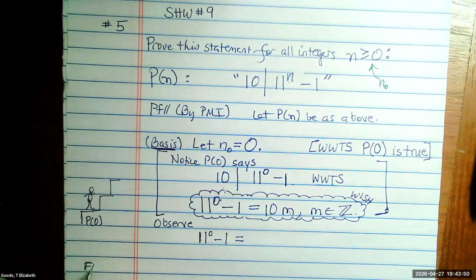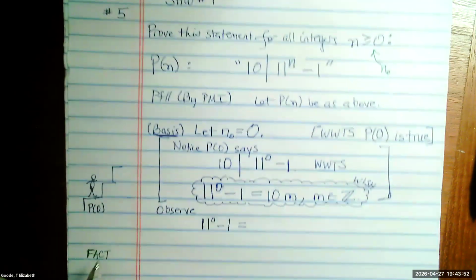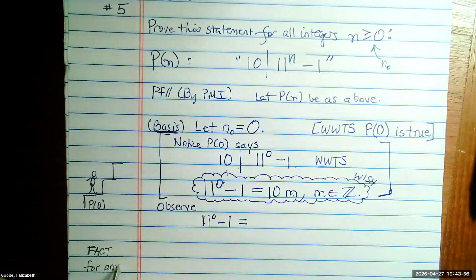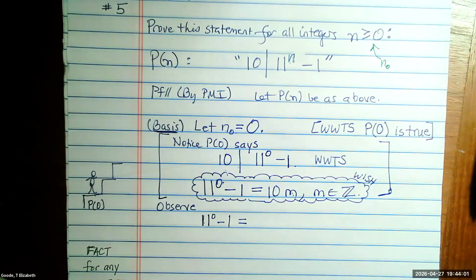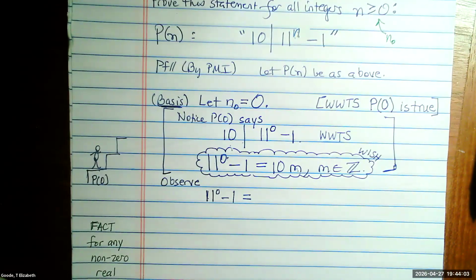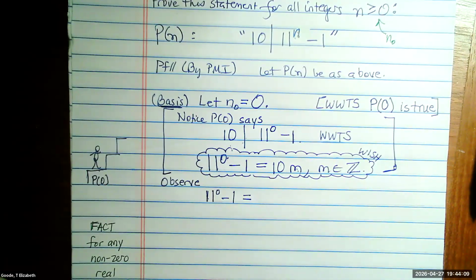Here's a fact. Oh, because anything to the 0 I thought is 1. Yes, for any non-zero real number r, r to the 0 is always 1. So 11 is just a real number.